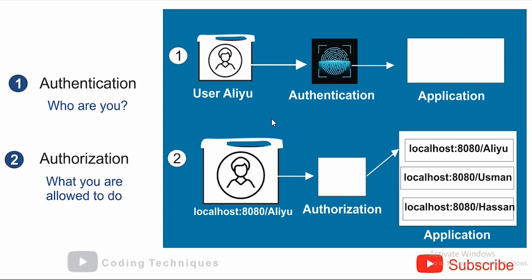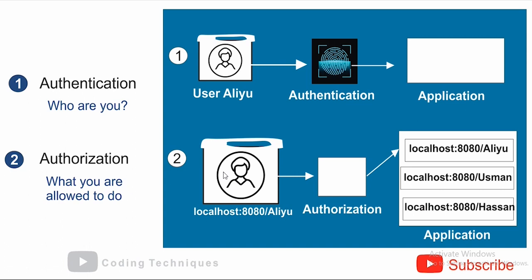For example, if you have a bank application and you try to access it, the authorization here is that you can only transfer money from your own account. So you cannot transfer from someone else's account. This is the authorization. So here I have a user named Aliyu, and after the authentication he gets access to the application.